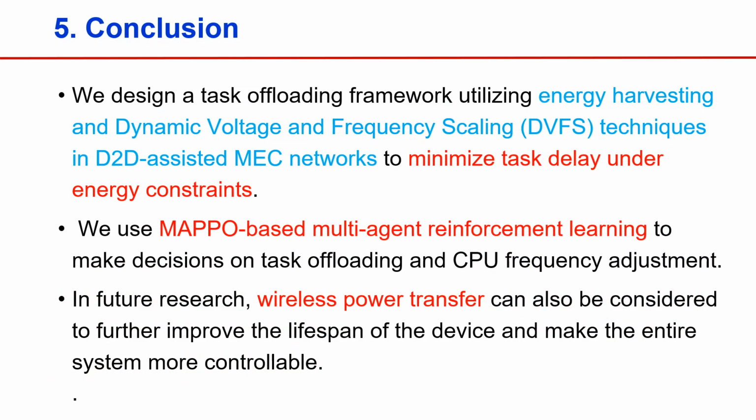Finally, we summarize the content of the paper. We design a device-to-device assisted network task offloading framework that introduces energy harvesting technology and dynamic voltage and frequency scaling technology, and uses multi-agent reinforcement learning to make decisions.